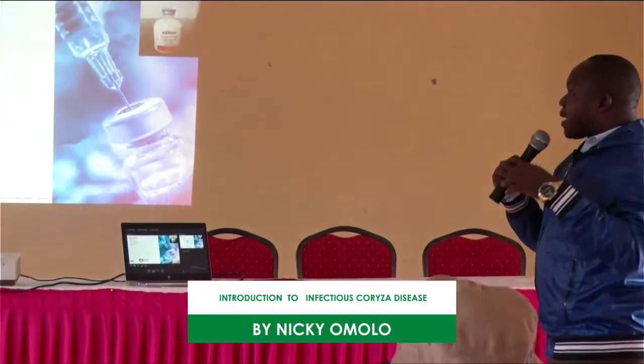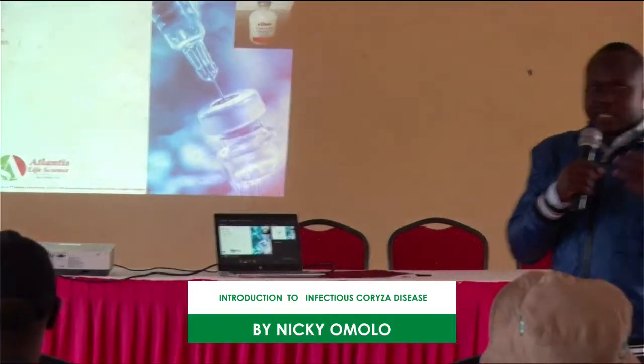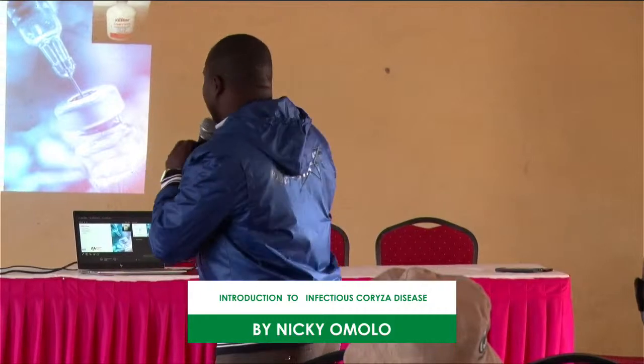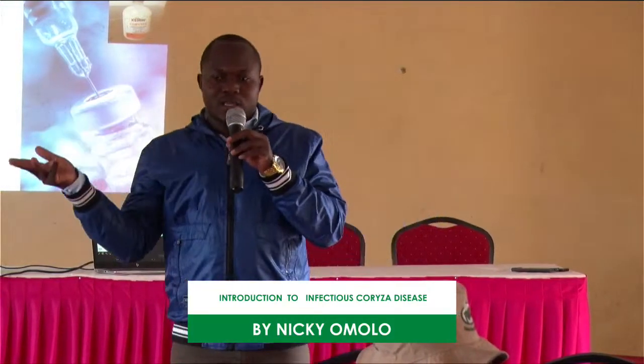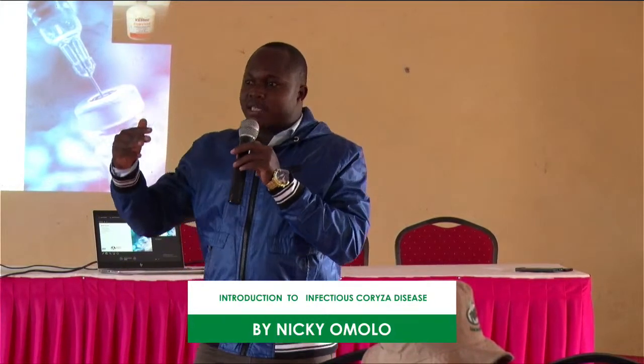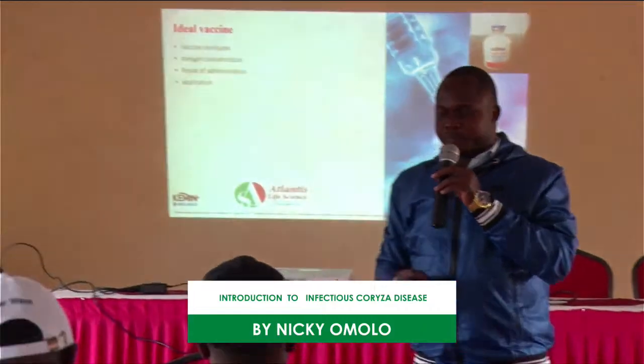So if we are to consider what an ideal vaccine would look like, then our target would be, we are looking at the serotypes, which I explained to you why. Because remember, we are looking at epidemiology. That is the spread of diseases.